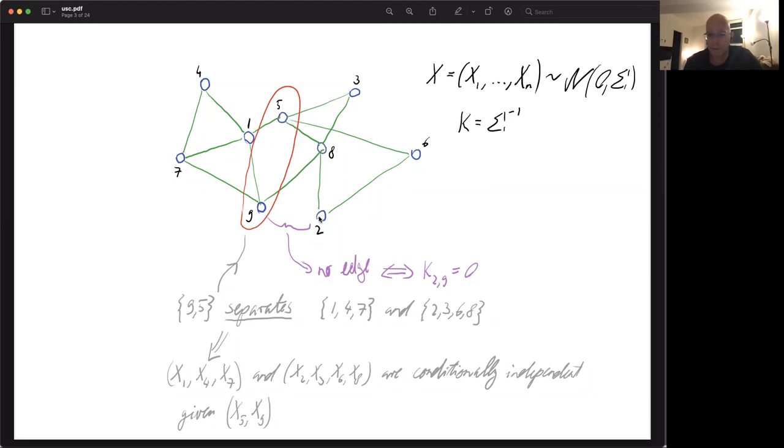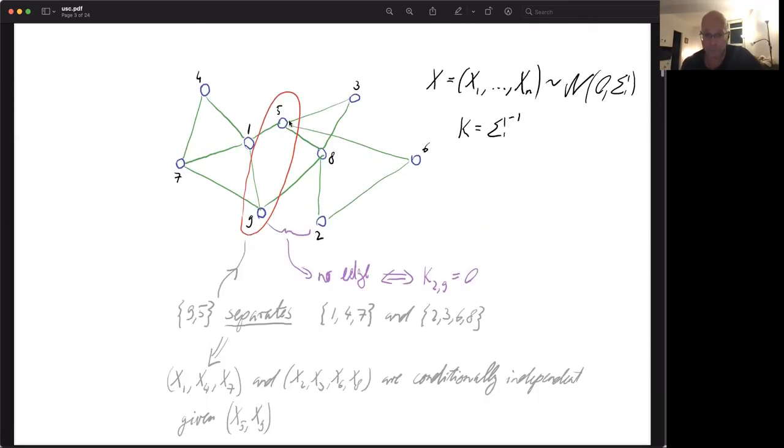So it will be a function of 2, 3, and 5. Of course this makes statistical inference much easier, and because of this, in machine learning, graphical models have been really useful, and they have been studied a great deal for many years now.